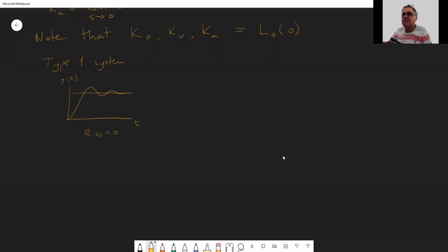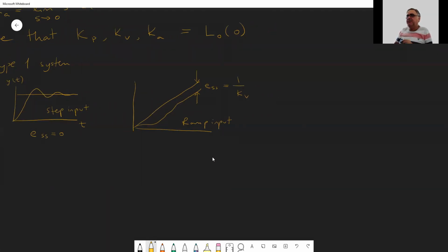But if you have a ramp input on the other hand, and your system is type 1, your response would look like this, so that there is a finite steady state error here. The steady state error will be 1 over Kv. So this is ramp input.